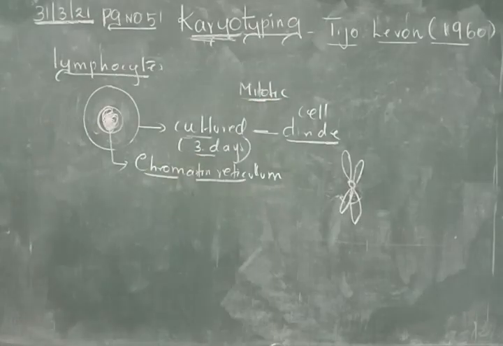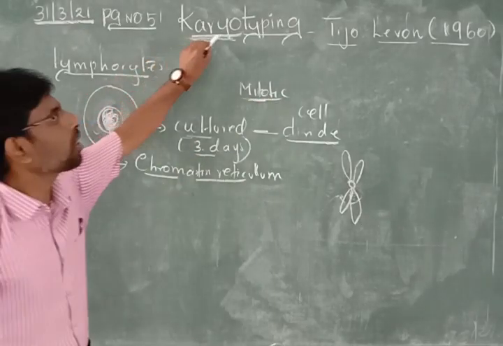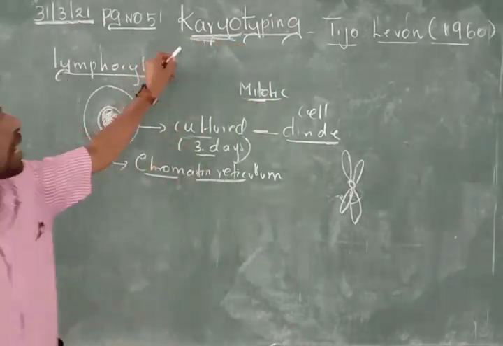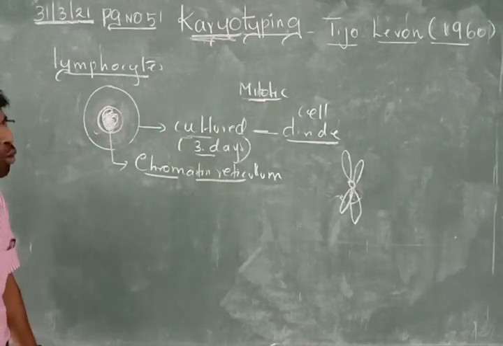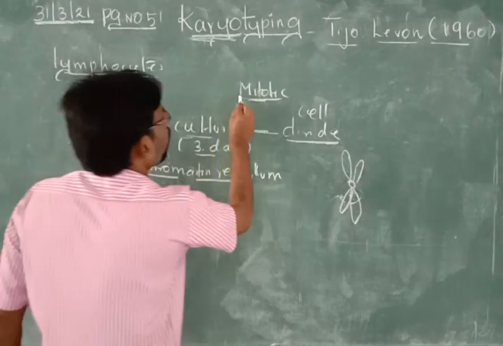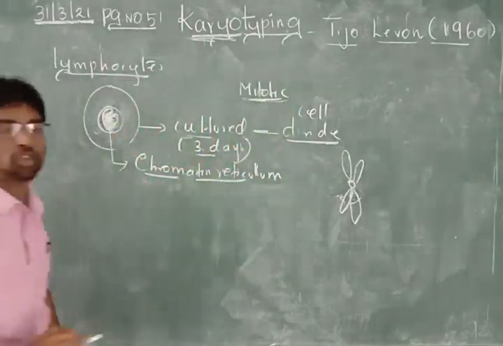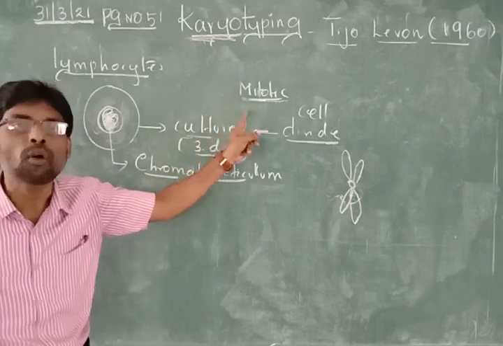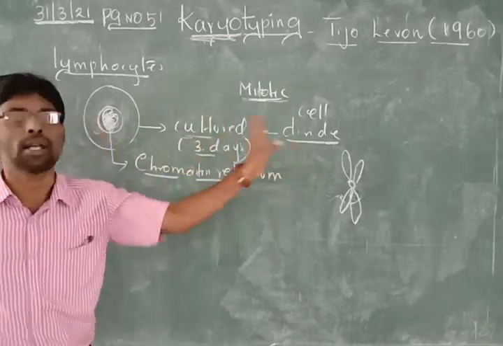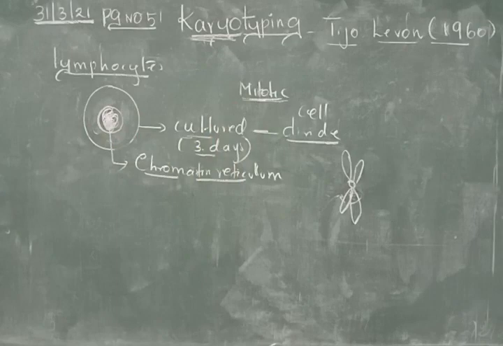Very important. So that means for karyotypical studies, or karyotyping, if you want to study the size and shape of the chromosome, we have to go only for mitotic cell division. So karyotypical studies are carried out in mitotic cell division only, in the body cells, not in the reproductive cells.